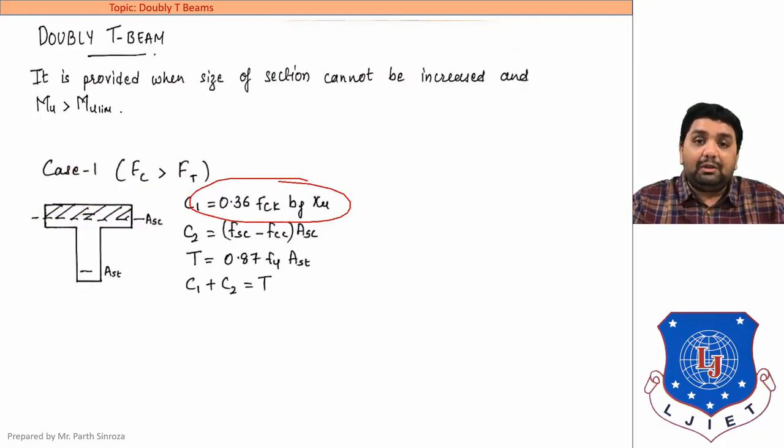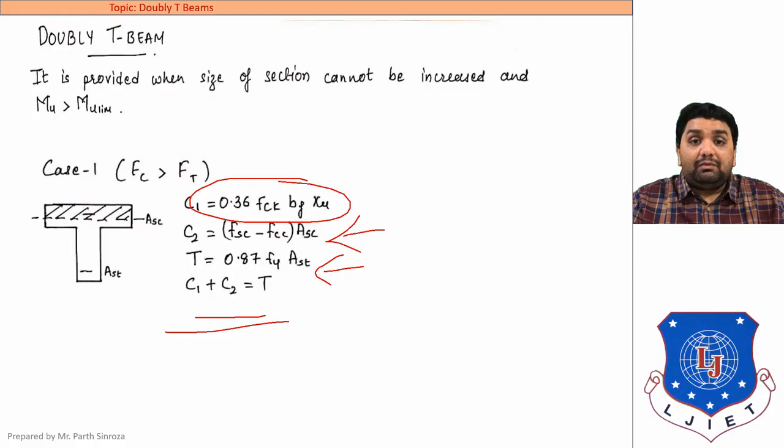For case 1, this will be our compression force C1, and C2 is due to the presence of steel, that is ASC. So the compressive force will be FSC minus FCC into ASC. The terminologies used to solve FSC and FCC will be the same as we have discussed in the W sections. And T, that being our tension force, the equation will again be the same, that is 0.87 FY AST.